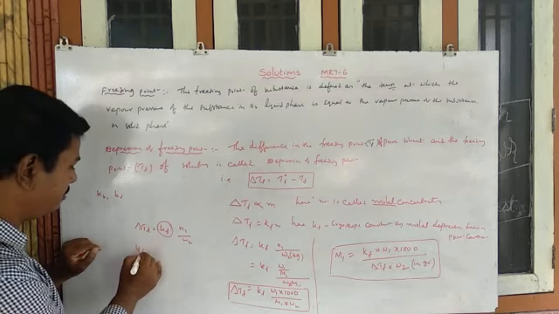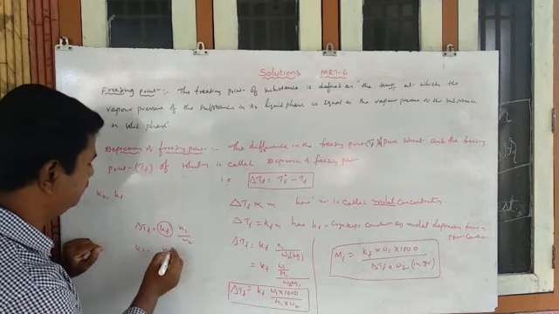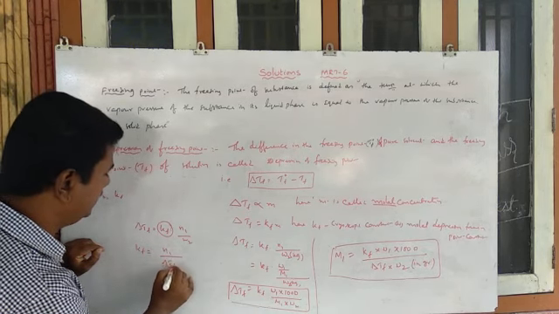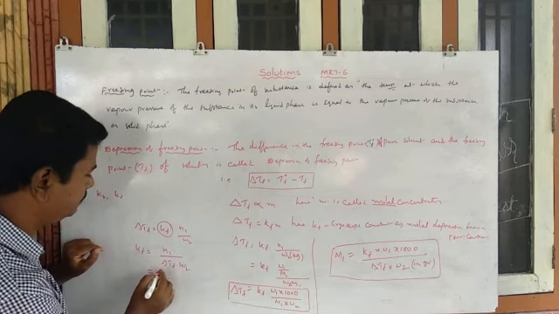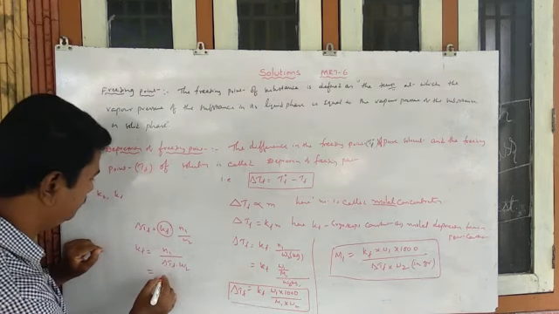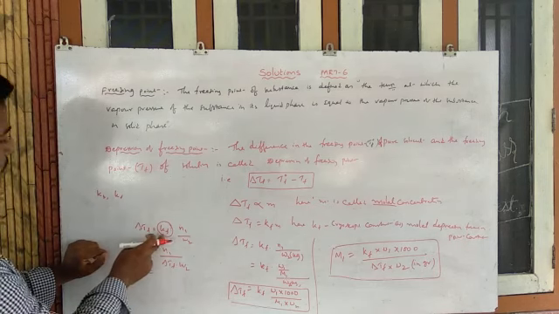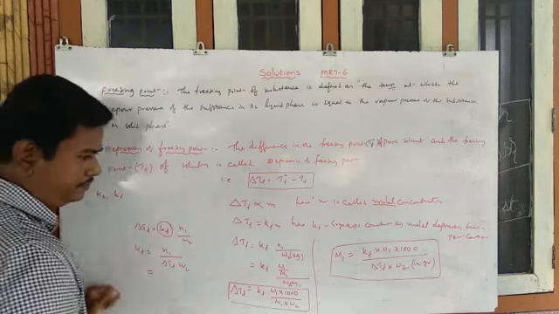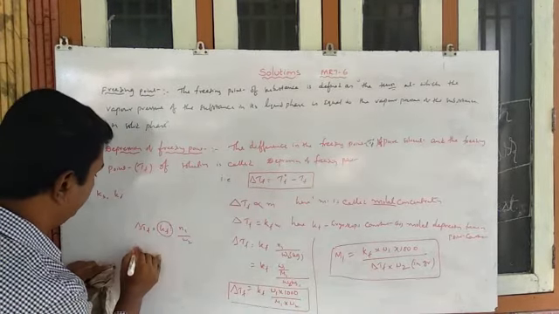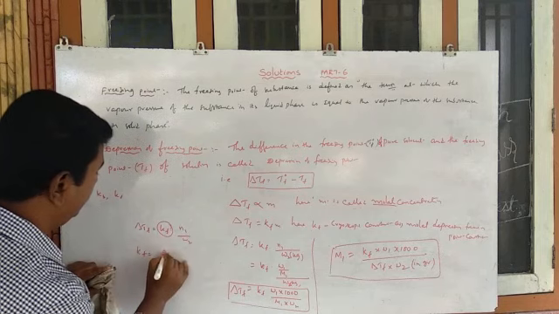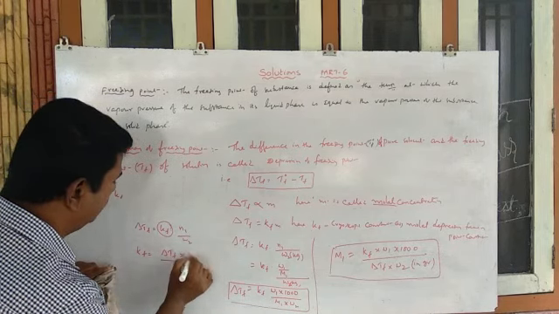So Kf equal to N1 by delta Tf into W, where N1 means number of moles in the numerator. Kf equal to delta Tf into W2 by N1.